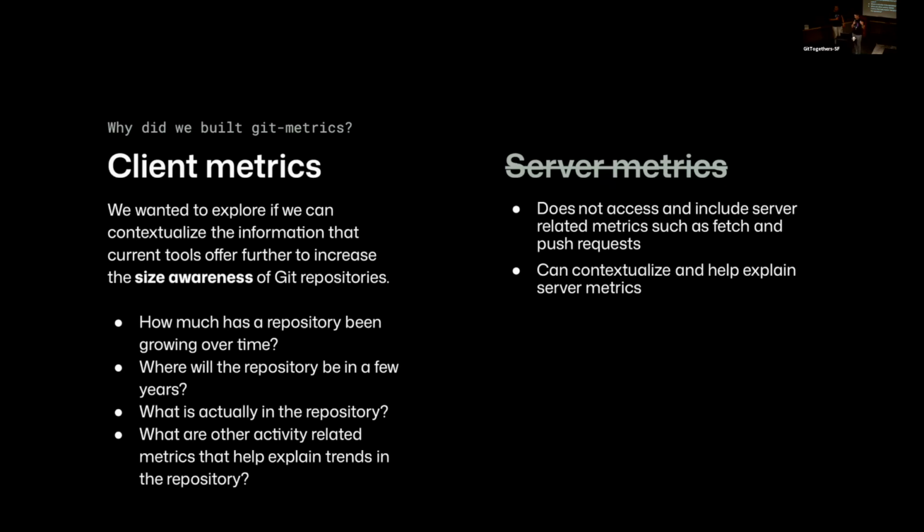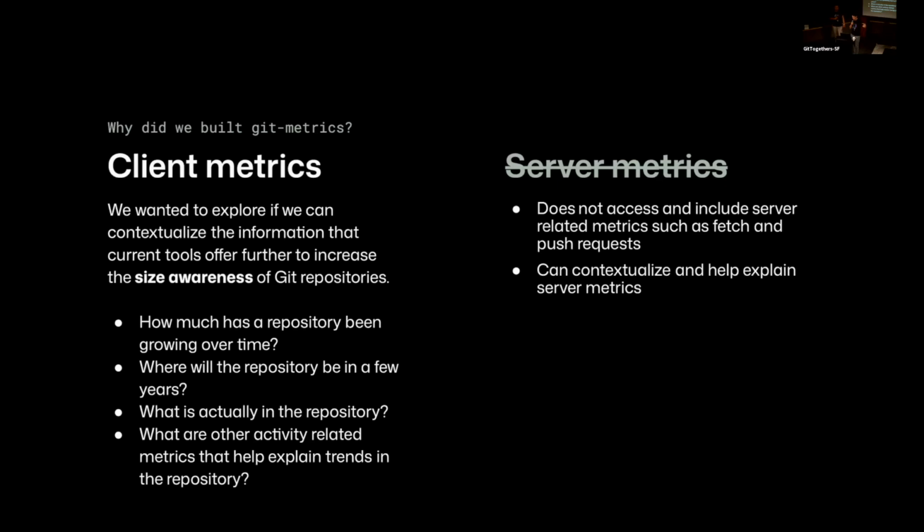So we wanted to see if we can answer questions about how much it has been growing in the past over time and give a better sense of, let's say, if customers continue to use it in the way they do, where it will be and how it will grow in the future. Give more insights into what is actually in the repository, and then also provide more activity-related metrics that help explain trends in the repository.